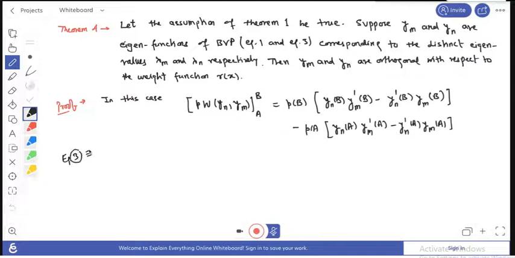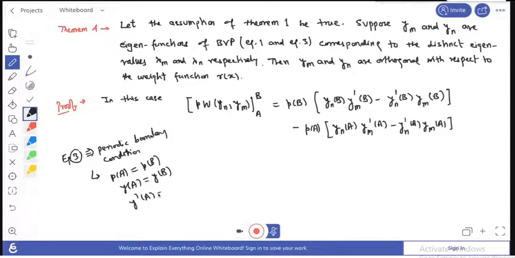Equation 3 is your periodic boundary condition, in which y(a) equals y(b), y'(a) equals y'(b), and p(a) equals p(b). So the values at the endpoints are equal, and the derivatives at those points are also equal.